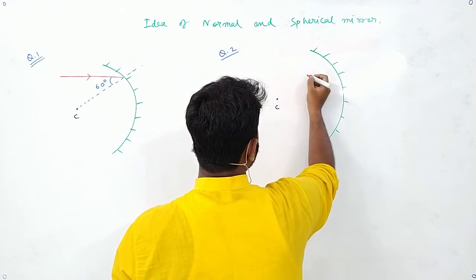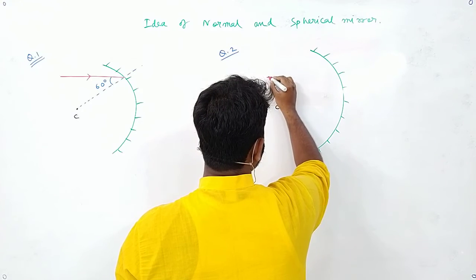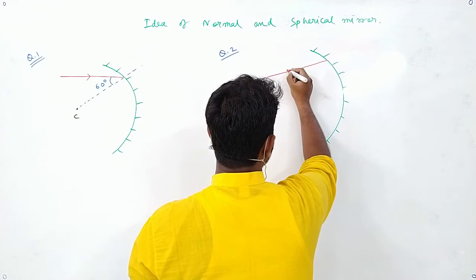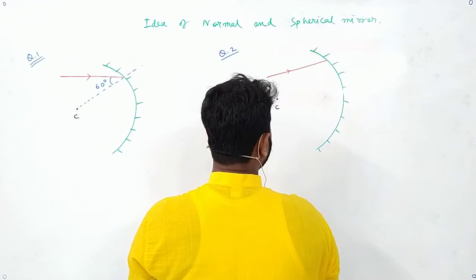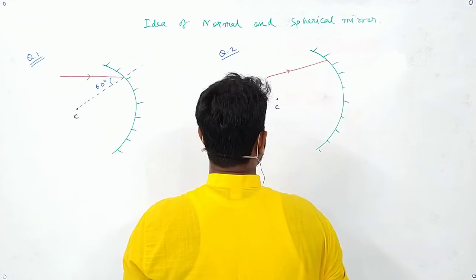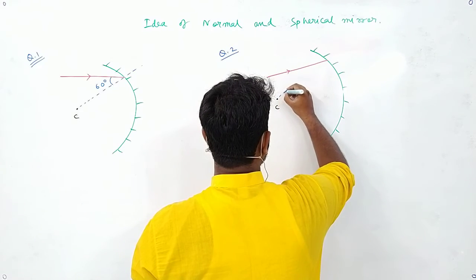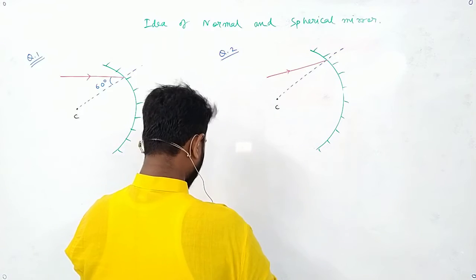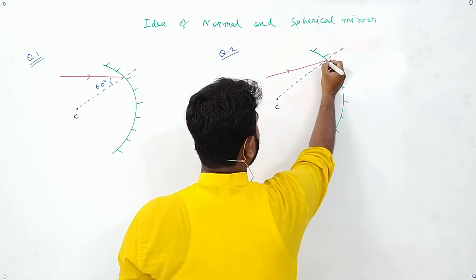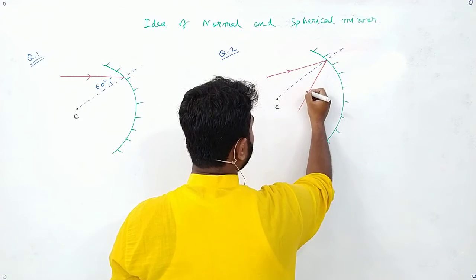Now suppose a ray of light came in this direction and we draw a line like this and it moves out in this direction.